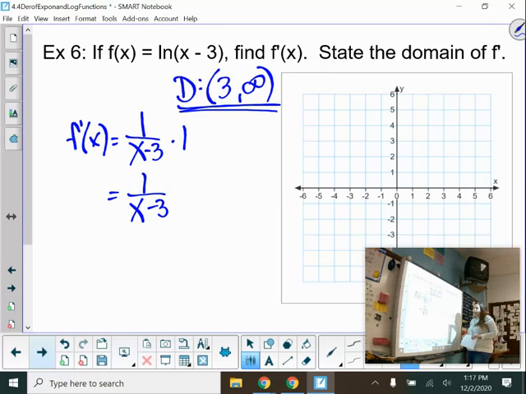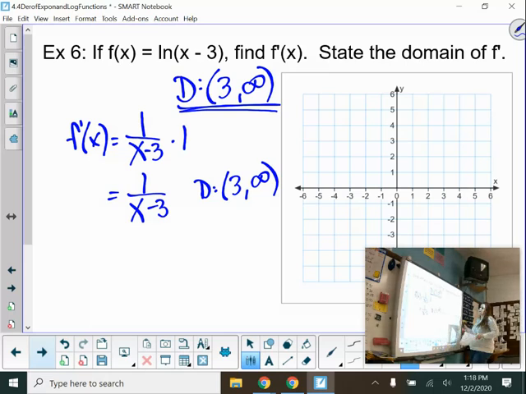You can take values out, and in some cases, numbers are included in the original and they're not included in the derivative, but you cannot add them back in. So the domain here is still 3 to infinity, even though technically it would be possible to plug in things like 2 and 1 and 0 on its own. But because it was a derivative, we have to go by what the original domain was. Again, we can continue to take values away, but we cannot add values back into the domain of the derivative.